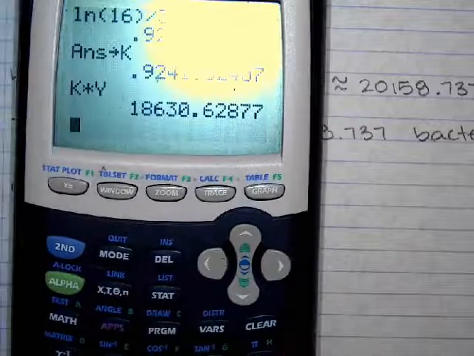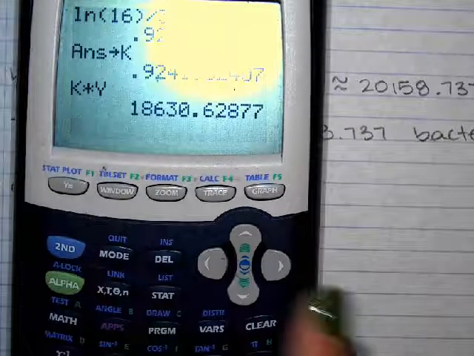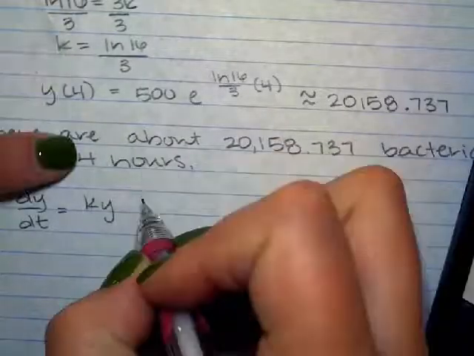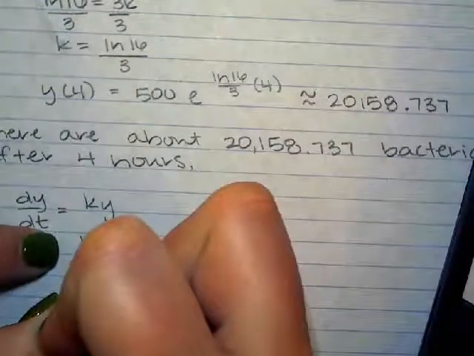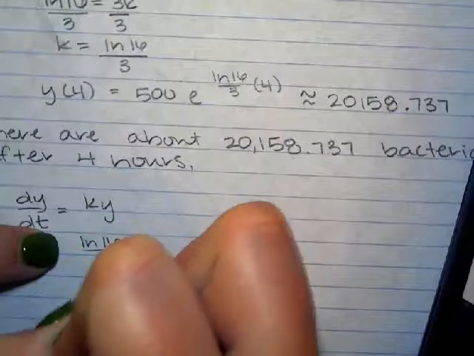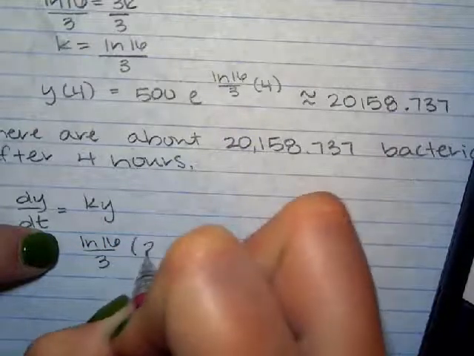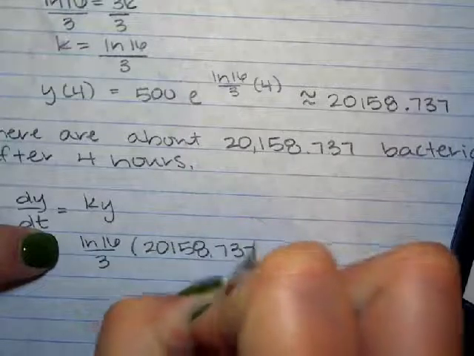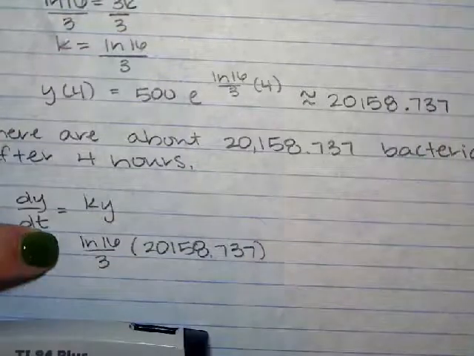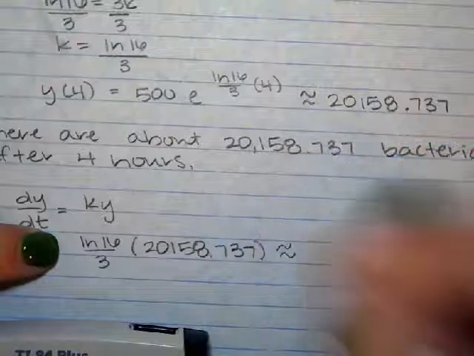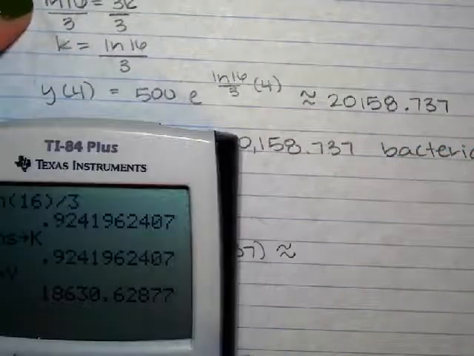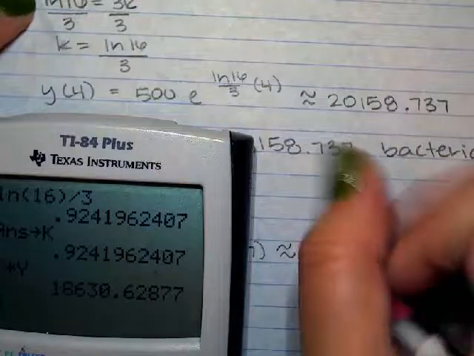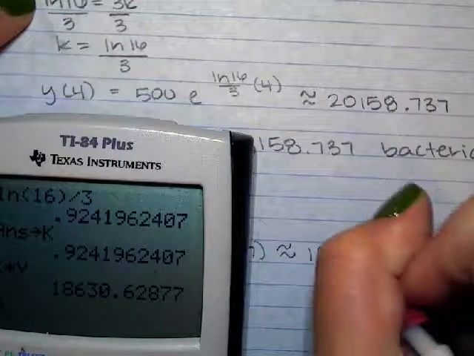Okay, so I'm just going to write down on my paper what I did. I had ln 16 divided by 3 times 20,158.737. And when I multiplied those together, I got that the relative growth rate at that point in time was 18,630.629.